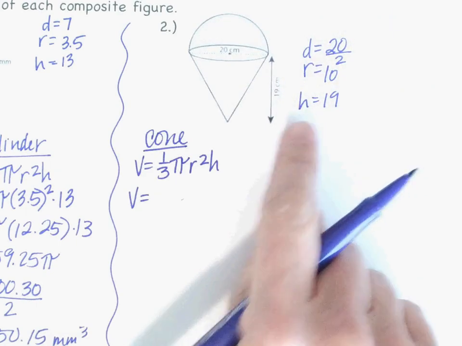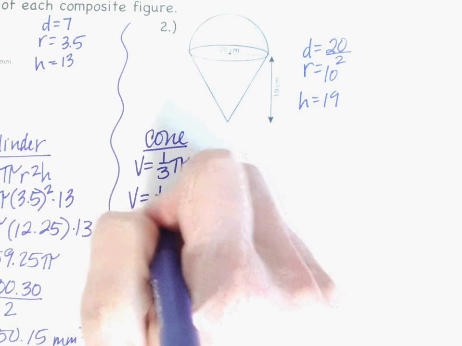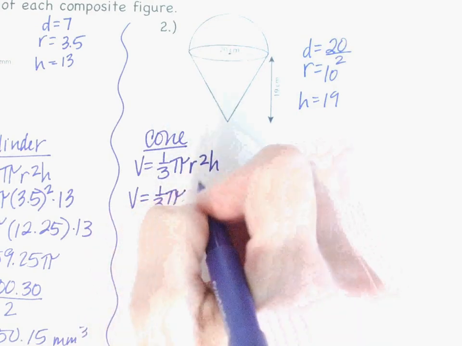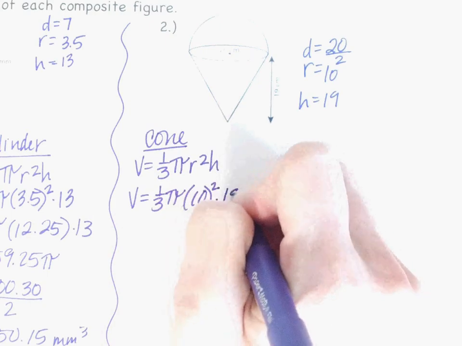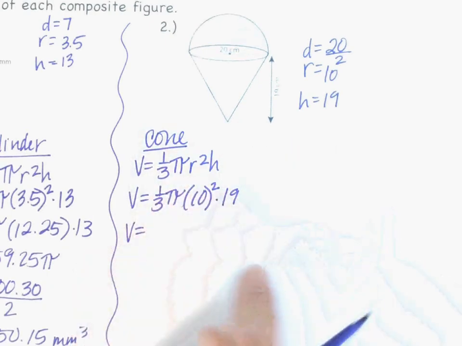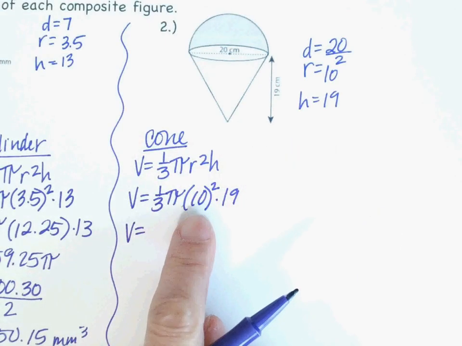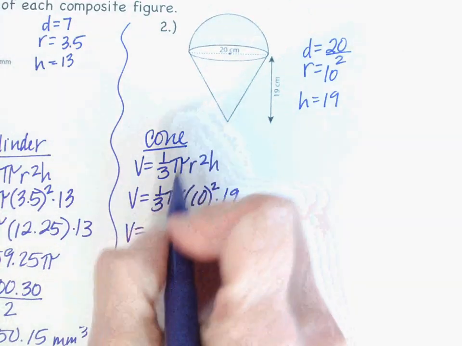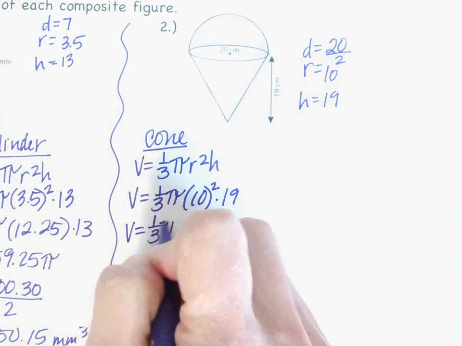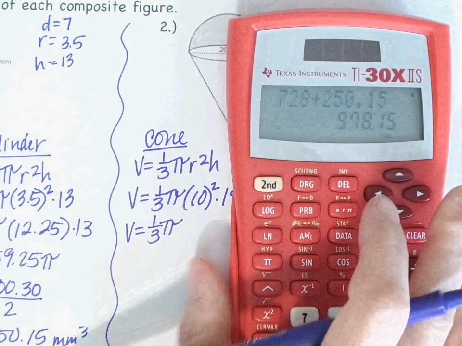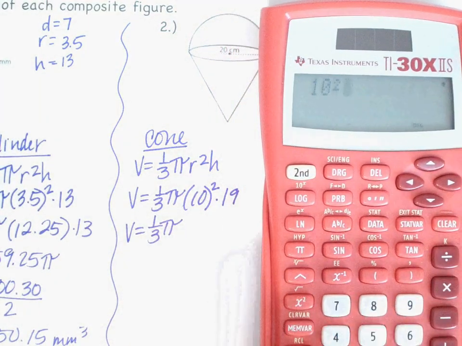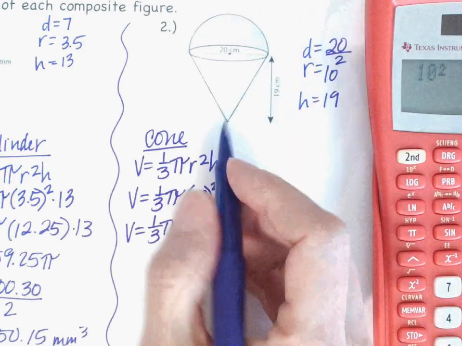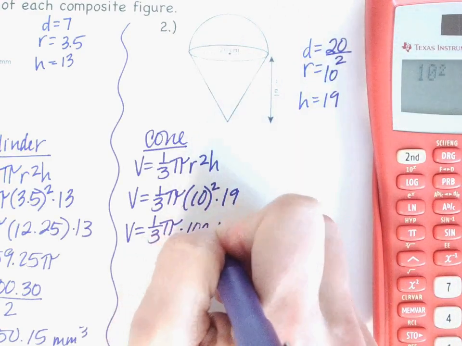The next thing I'm going to do is make my substitution. So I have 1/3 times pi times my radius, which is 10, squared, times my height, which is 19. Then, order of operations, I'm going to do exponents first. So I recopy everything else. 10 squared, if I do this in my calculator, 10 squared, I get 100 times 19.